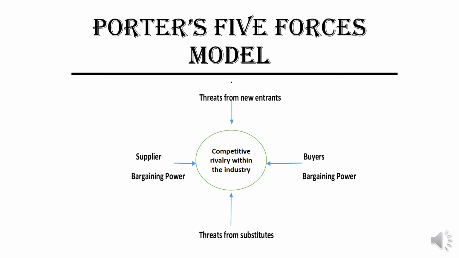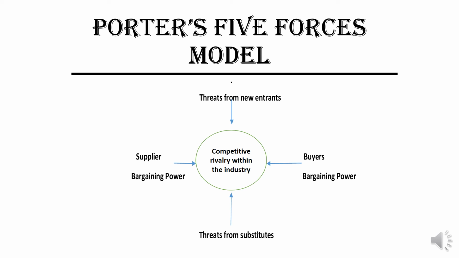Number one, it can become high when the buyers of the products of that industry are few. It can also be high when there is availability of substitutes, so the buyer can bring prices down and negotiate for better terms and conditions.